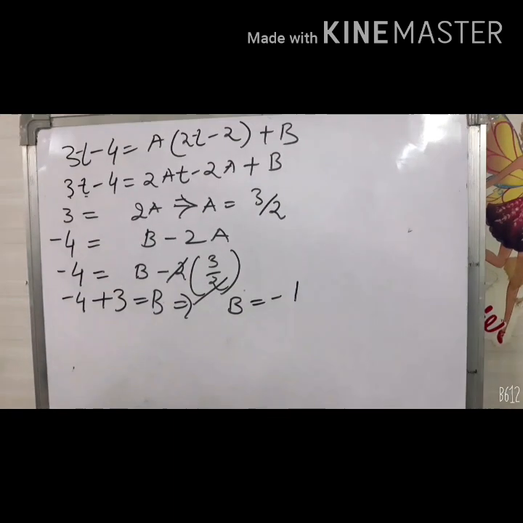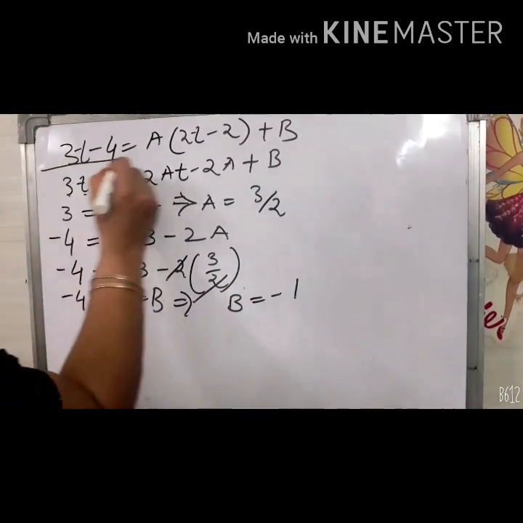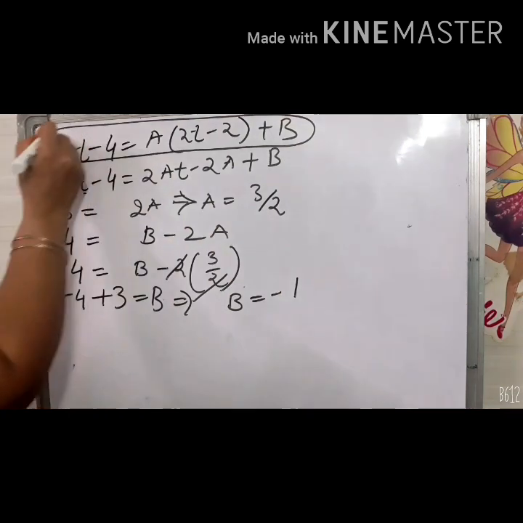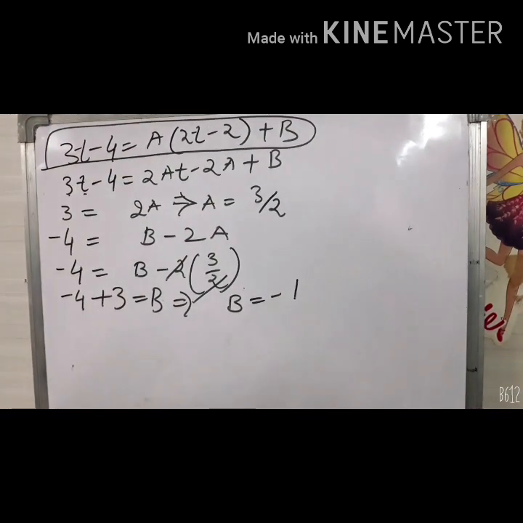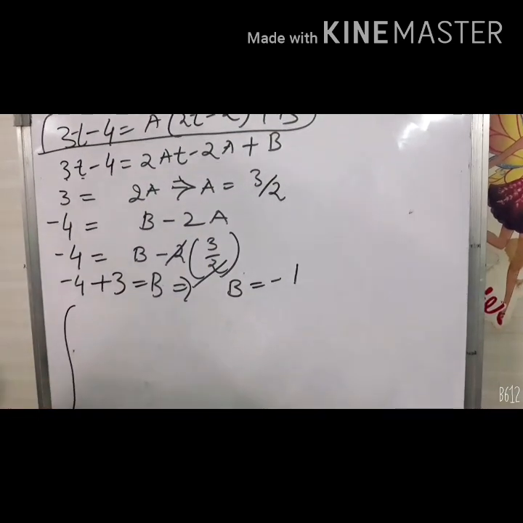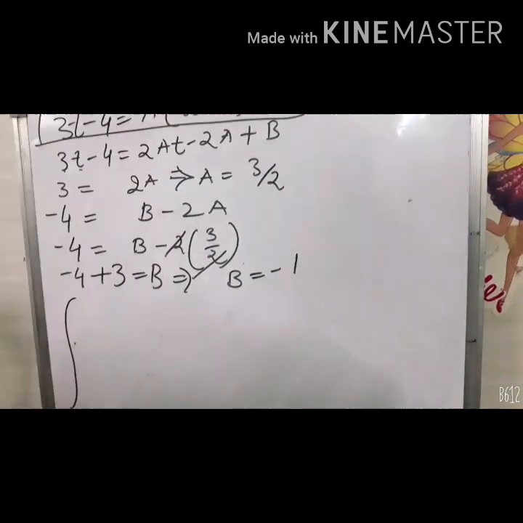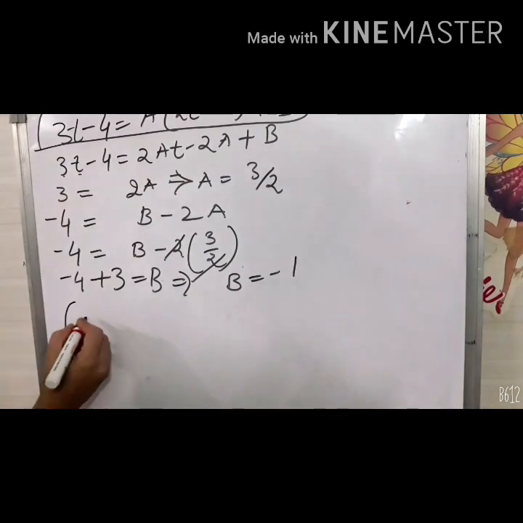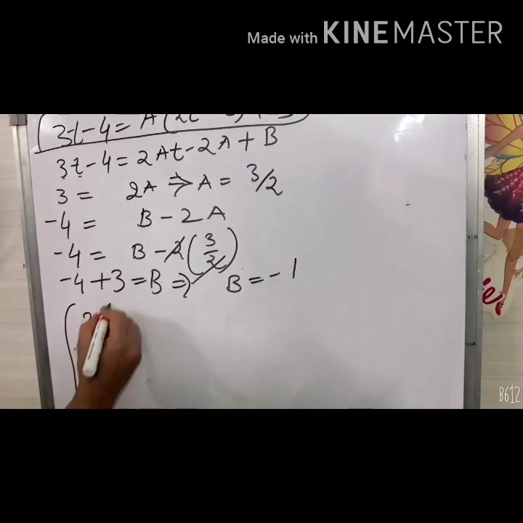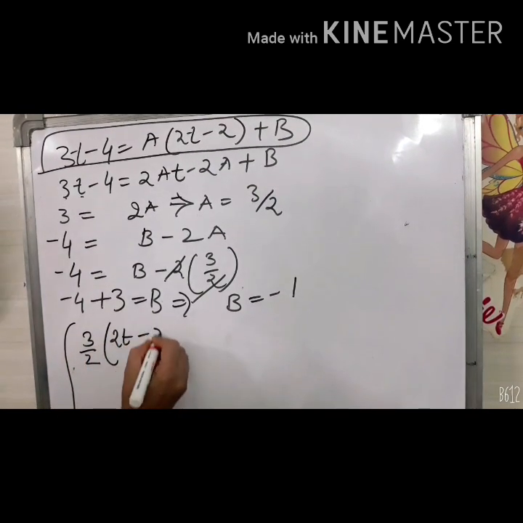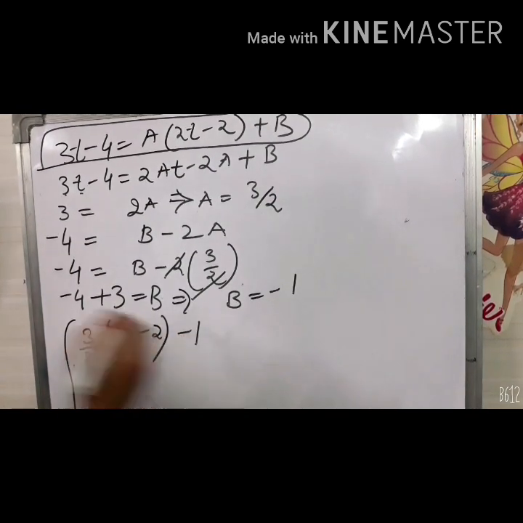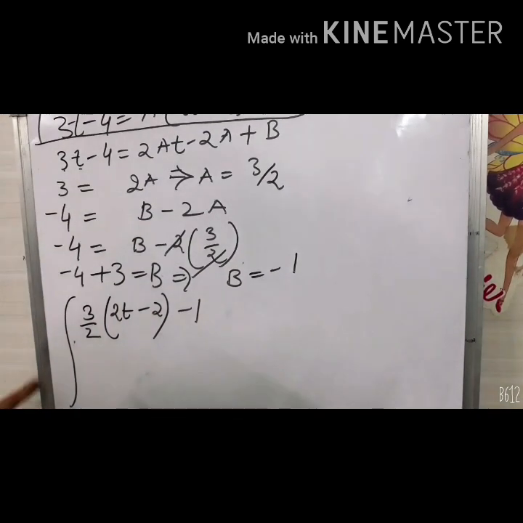Now where should we keep these values? We should keep these values here in this equation. Now I am putting the integral sign because my numerator is equal to this one. The value of a is 3 by 2 into (2t minus 2), the value of b is minus 1. Again I am telling you, don't solve it.